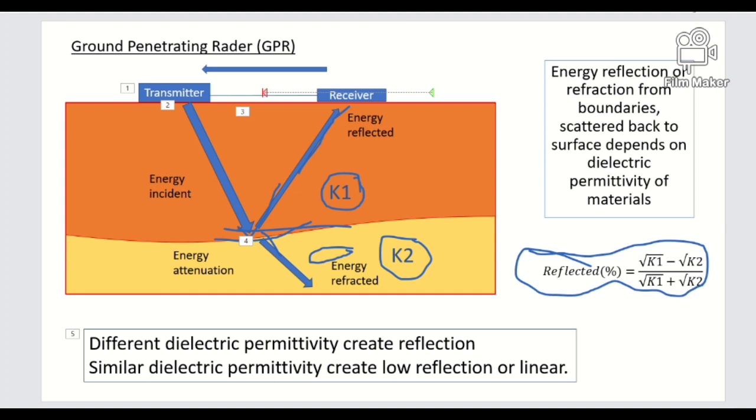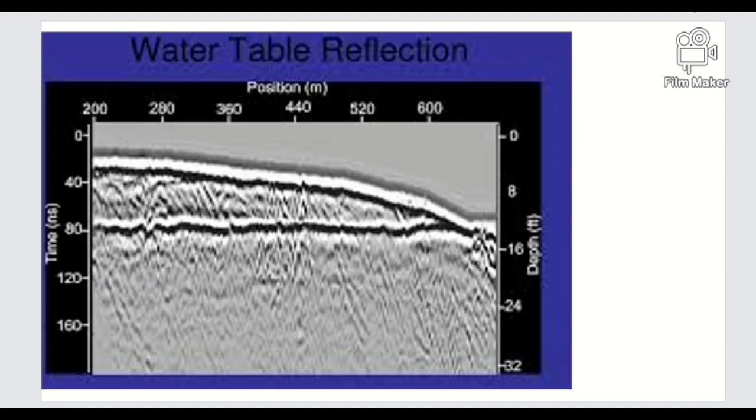Like that we can see here, if we look at this, it gives the same type of image. So these materials have the same dielectric permittivity. Okay, understand?